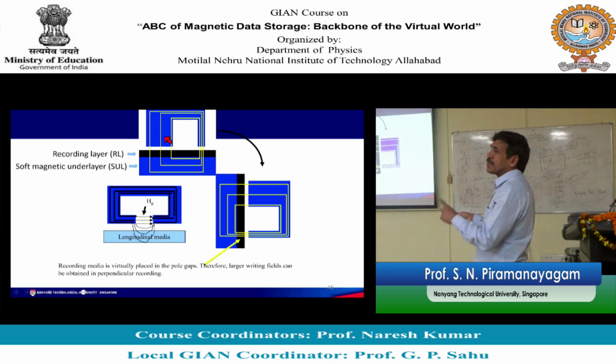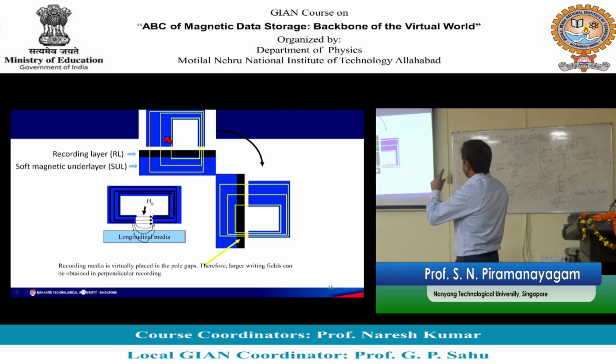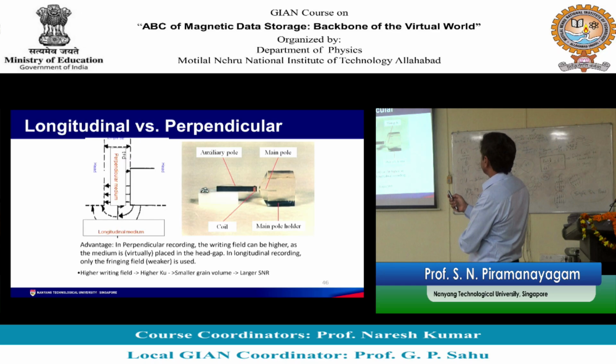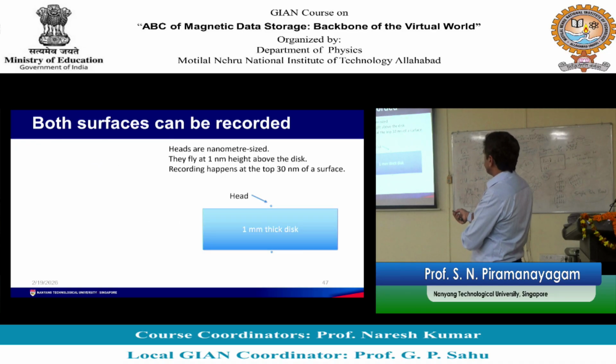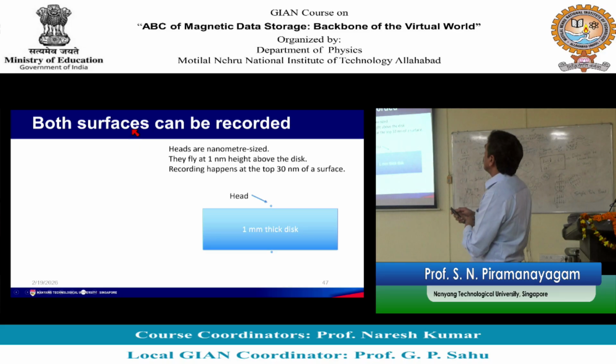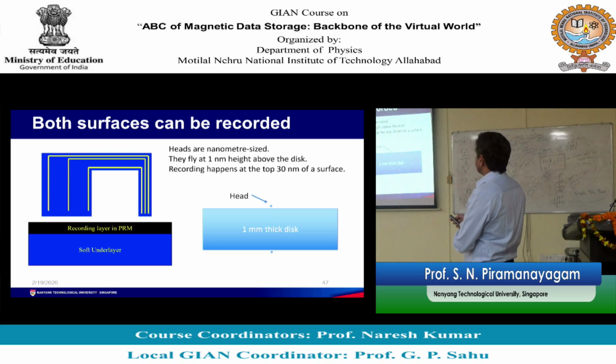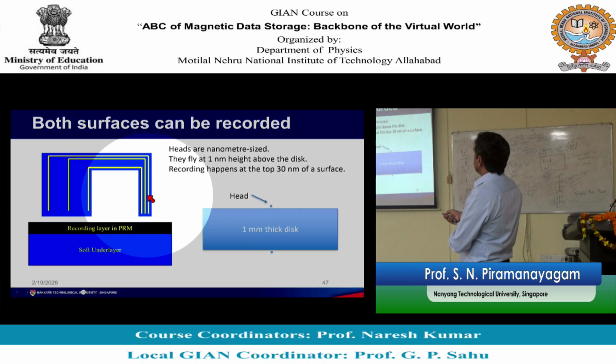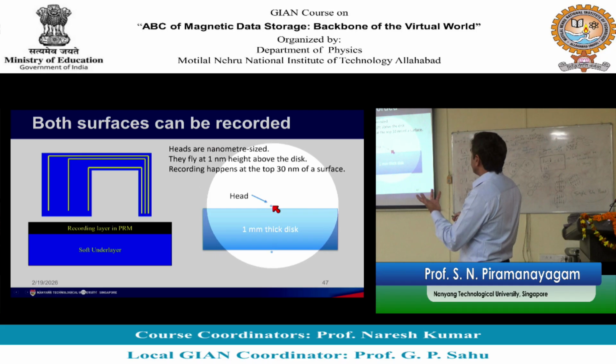So, all this is happening within a few nanometer layers. Okay, so, this is what happens. So, with this head you can record on both surfaces of the disc. So, here I am showing this whole thing happening in this small region. The head is much smaller than this.